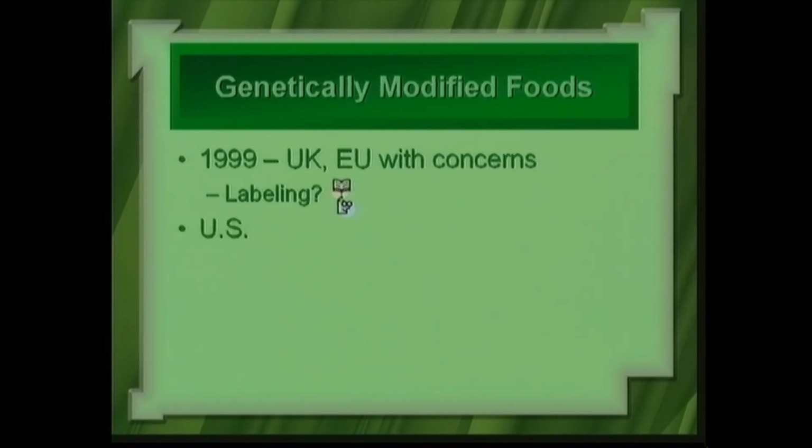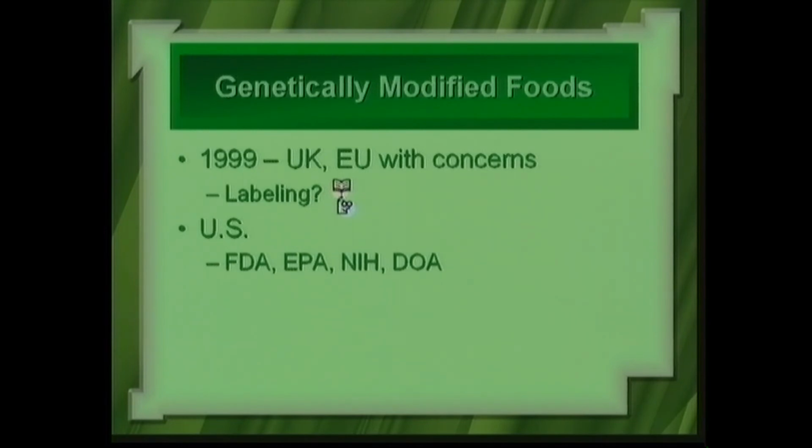Okay. Now, also, in the United States, who actually oversees these things? There are 4 different agencies that have oversight over the genetically modified foods, including the Food and Drug Administration, the FDA, the Environmental Protection Agency, or the EPA, the National Institutes of Health, or the NIH, and also the USDA.